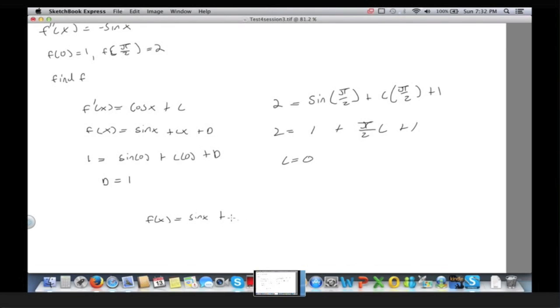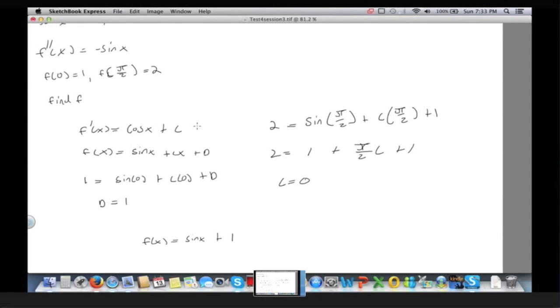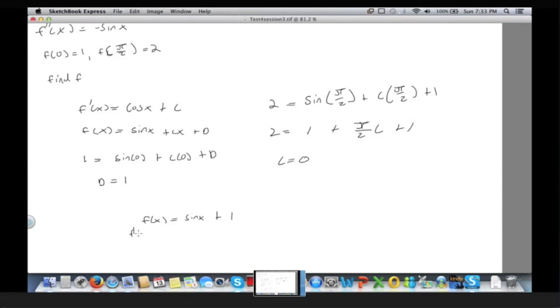All right, we can check this. I'll take the derivatives first. f prime is the derivative of sine of x, which is just cosine of x. This is 0. I guess I made a mistake.